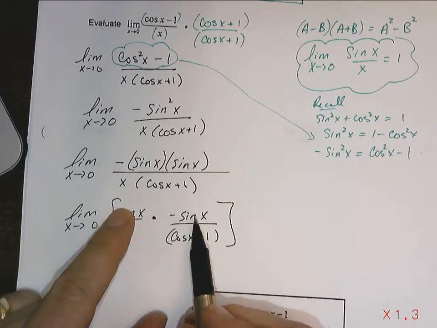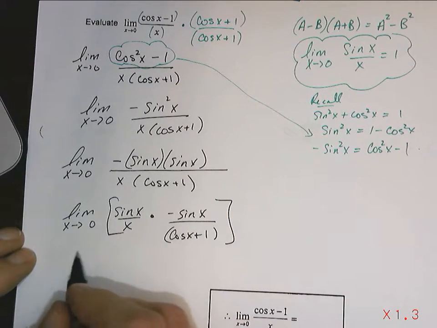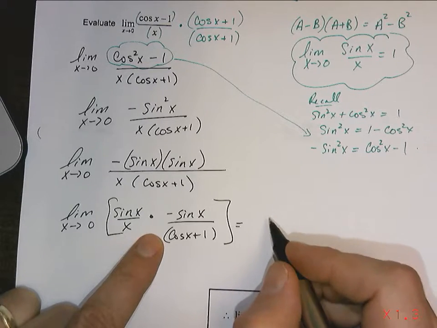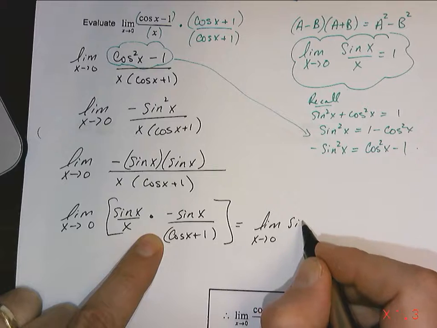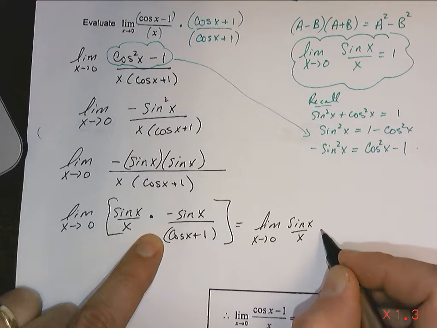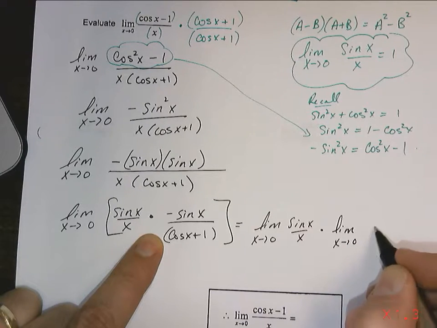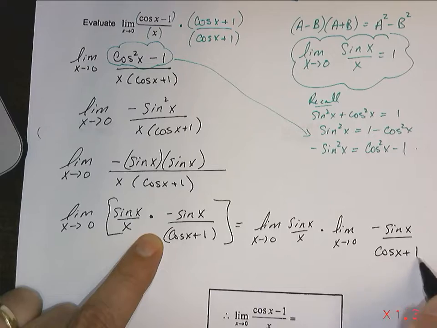So it's top times top, bottom times bottom. What I'm now going to do is take the limit of the product. So it's going to be the limit as x approaches 0 of sine x over x times the limit as x approaches 0 of negative sine x over cos x plus 1.